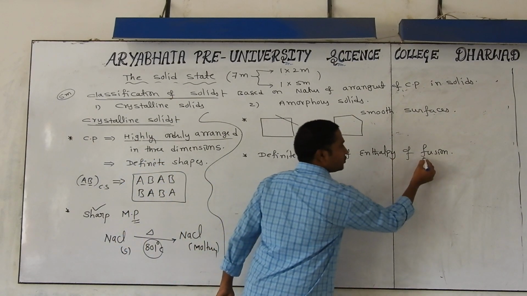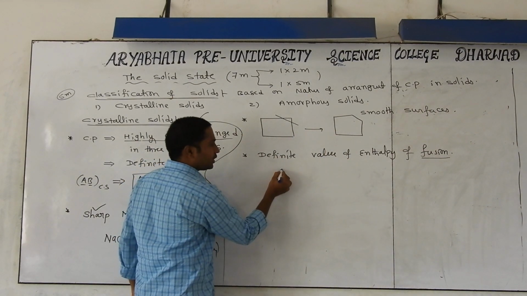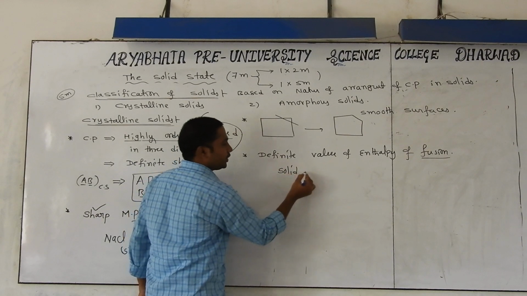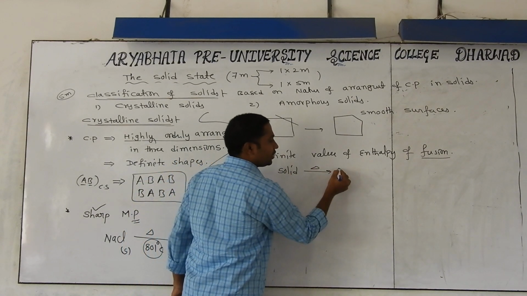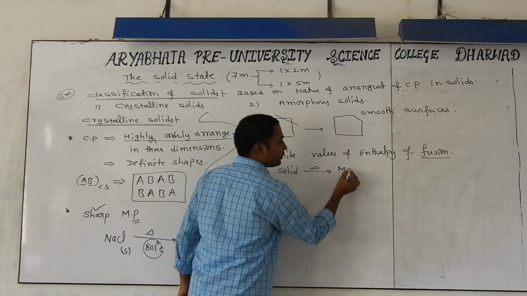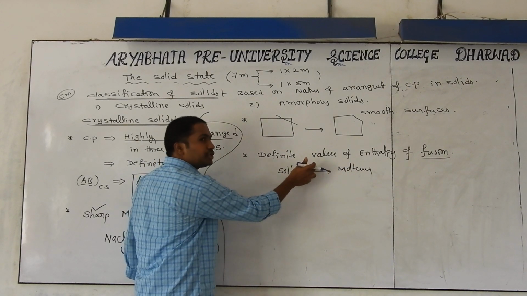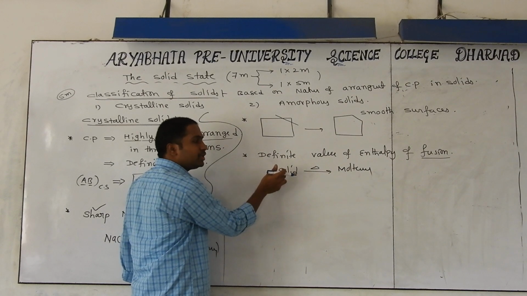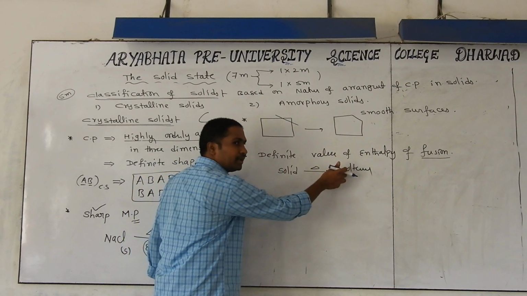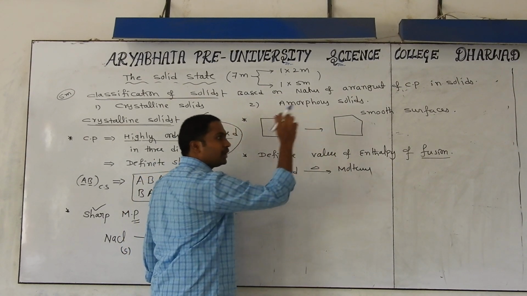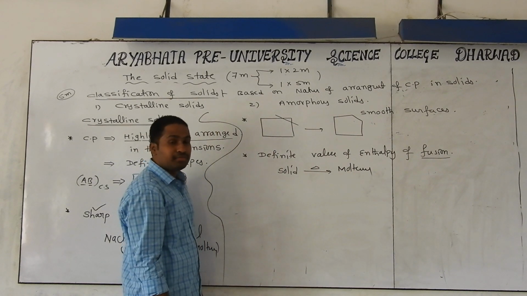What is the meaning of fusion? If you take a solid substance and keep on heating, it will convert into which phase? Molten phase. Yes or no? The energy required to convert a given solid substance into molten or liquid matter is called enthalpy of fusion.